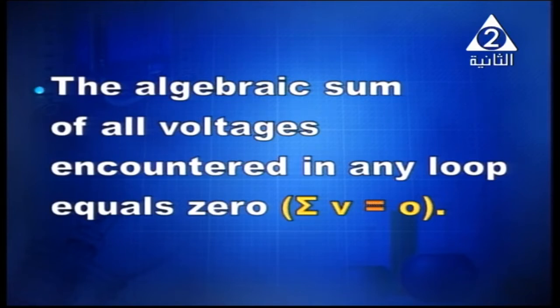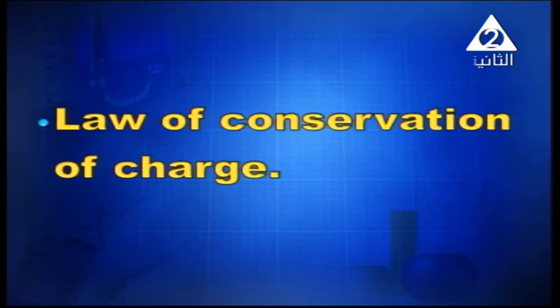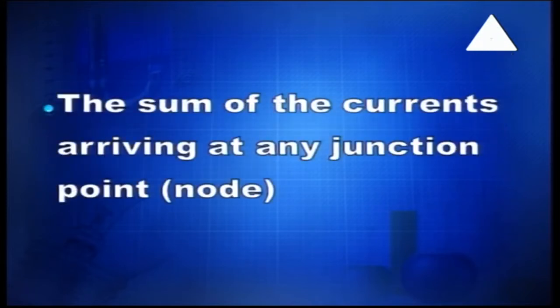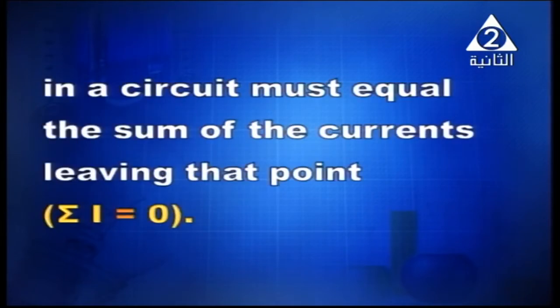And what about the relation that expresses the law of conservation of charge? The law of conservation of charge is the first law of Kirchhoff. It states that the sum of the currents arriving at any junction point, at any node in a circuit, must equal the sum of the currents leaving that point.